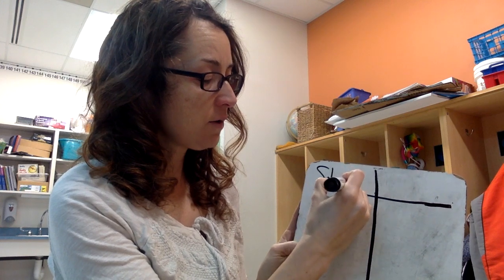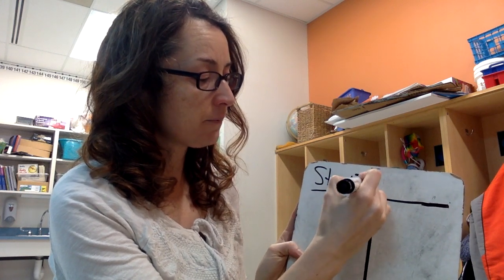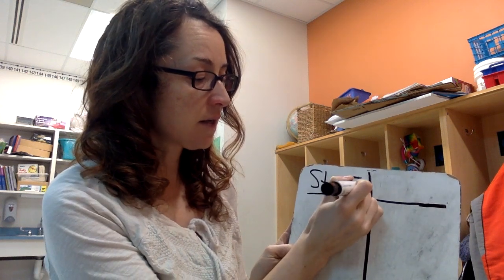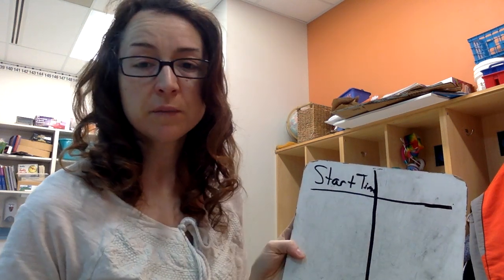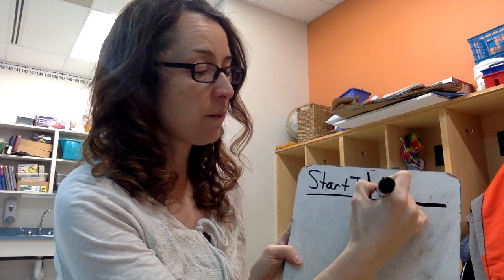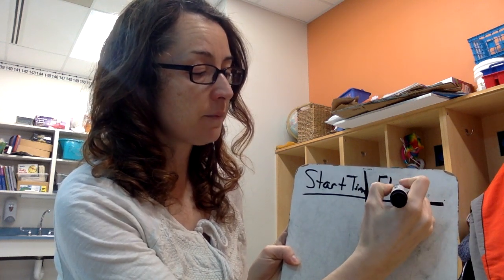So what I'm going to do is some labeling. I'm going to put my start time, okay? I don't have enough space to put the whole word, so I'm going to make it really small. Start time, and this is going to be where my elapsed time comes in.